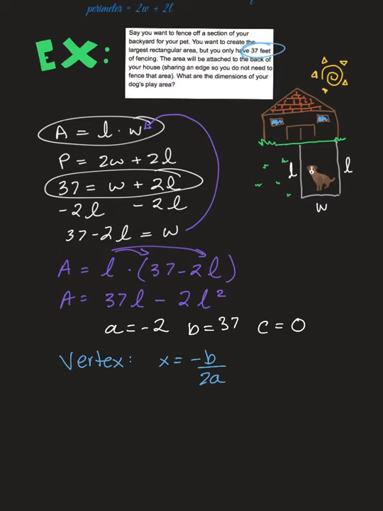But in this case, our x is actually L. So we're going to solve for L is equal to -37 over 2 times -2. When we plug that into the calculator, we get 9.25. So we know that here our L is 9.25.